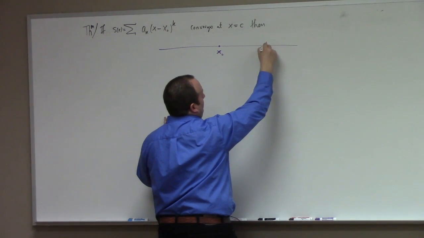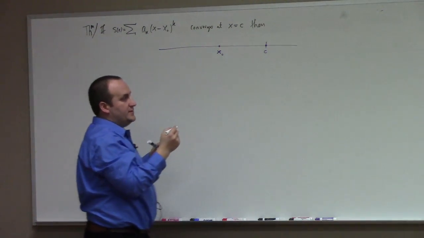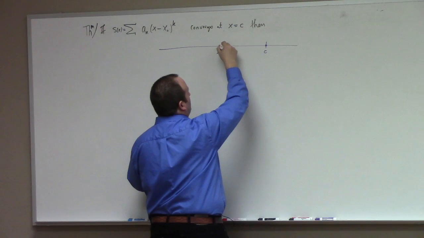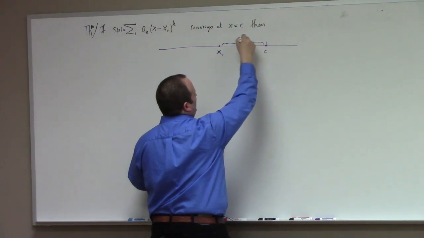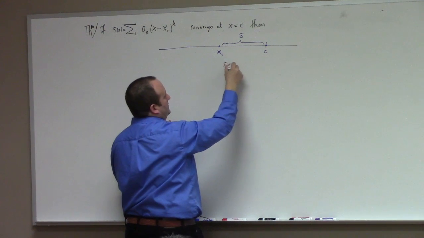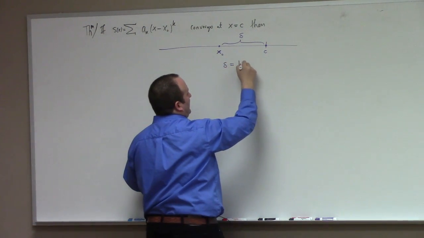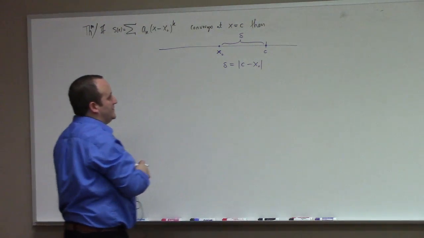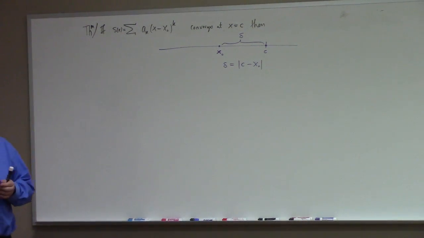Then you could define the distance from x naught to c. I called it delta yesterday, and I found that to be useful. So let delta equal the absolute value of c minus x naught, the distance from c to x naught.